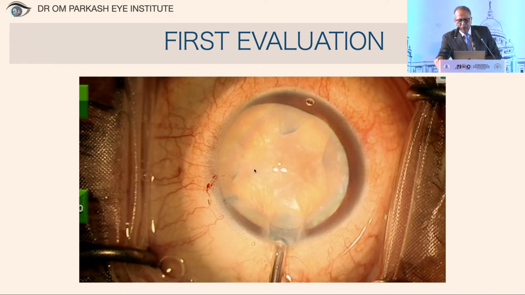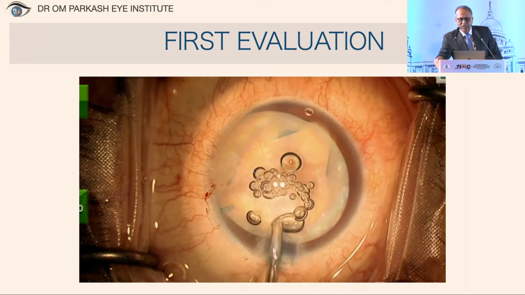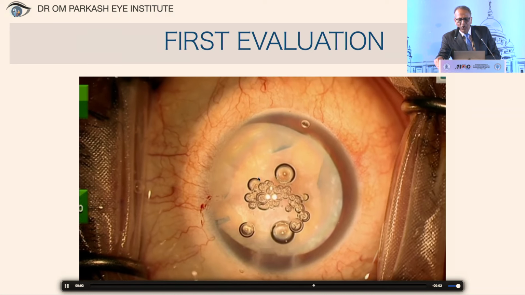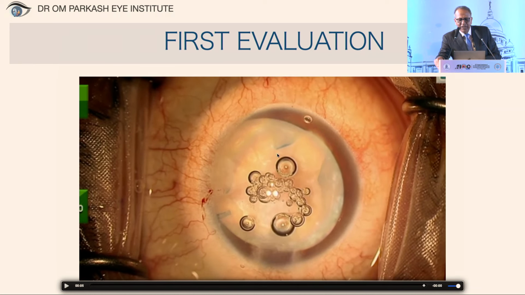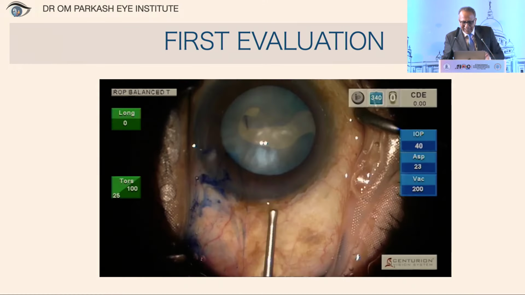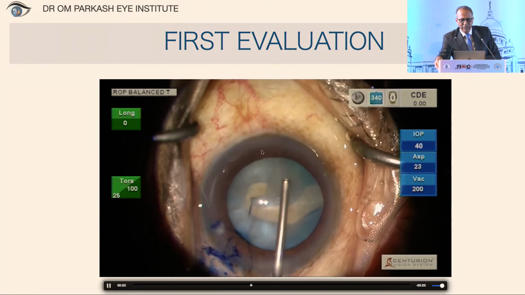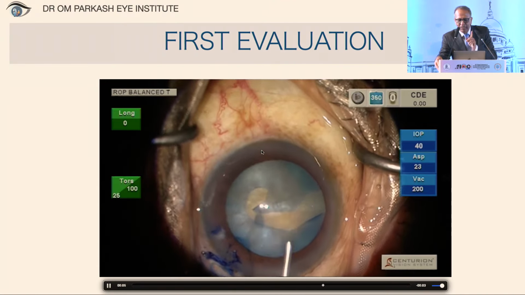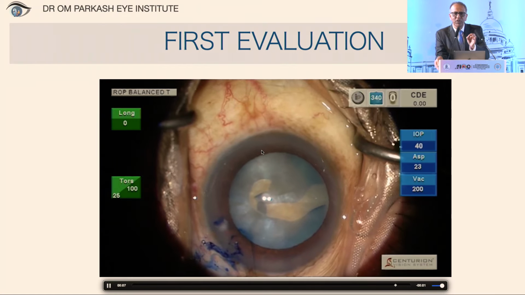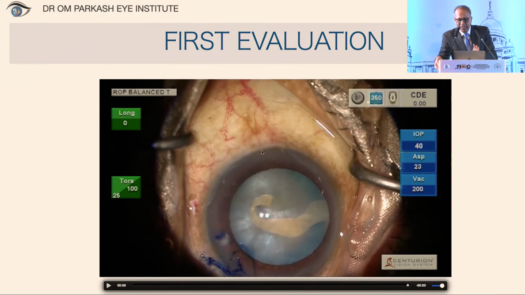What next? The first thing is let's evaluate. And how do we evaluate? The evaluation is by just injecting visco, and you will see that when it was injected, the flap became everted. So that is the first sign that it is pre-equatorial. Let's see it again. We again inject visco and the flap is again everted. So this is diagnostic that it is a pre-equatorial flap.